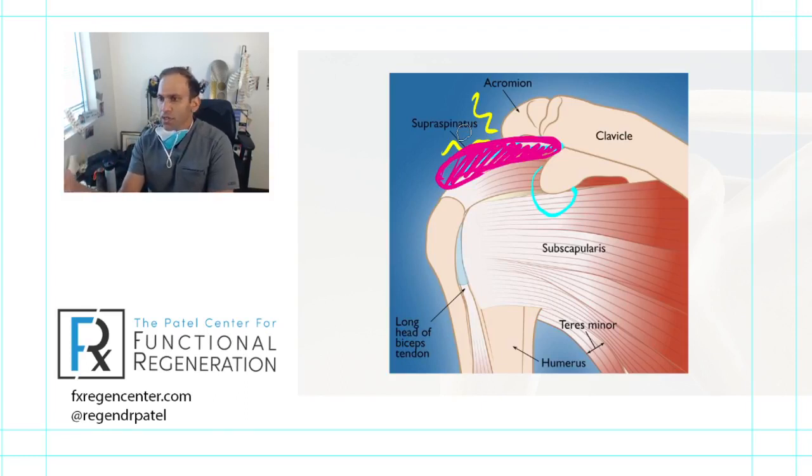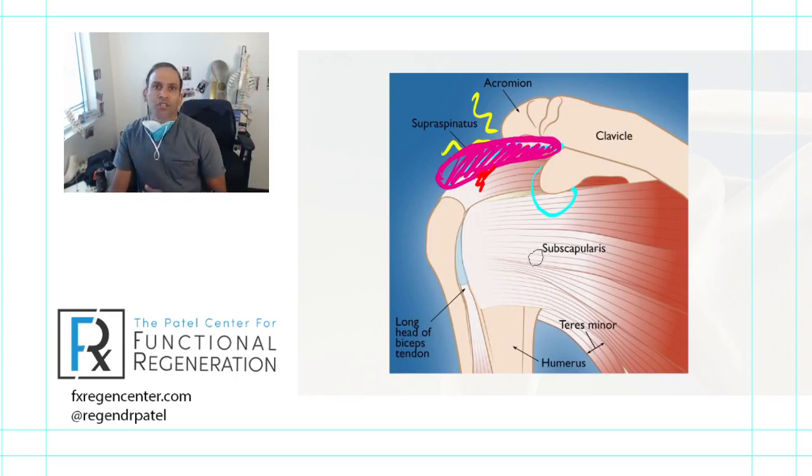What's more concerning is if we do a cortisone injection to address the inflammation there, but we do have some tears inside the tendon, and the cortisone actually gets inside those tendon tears, well, cortisone can actually make tendon tears worse.